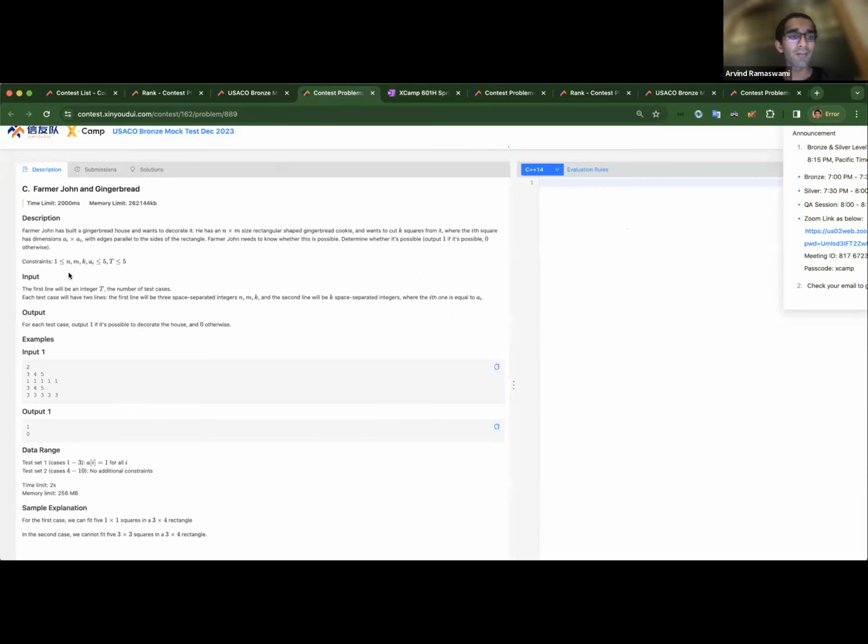You can do it with 5 nested loops too. Actually, I don't know if there will be a constant factor issue. I suggest trying that. It might work. I don't know if other people got 5 nested loops to pass.